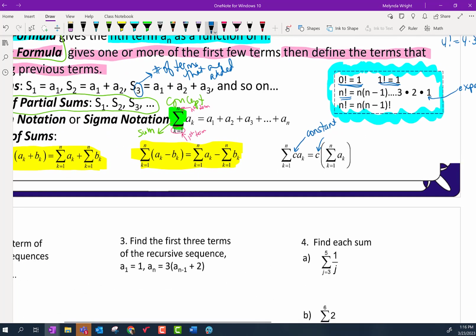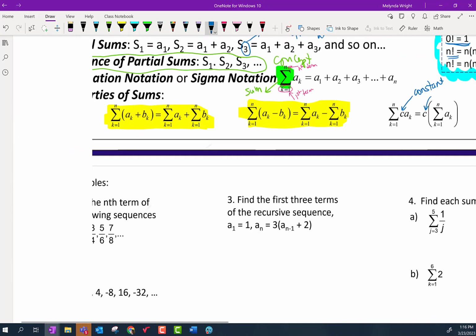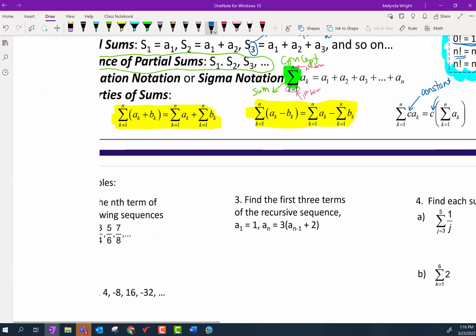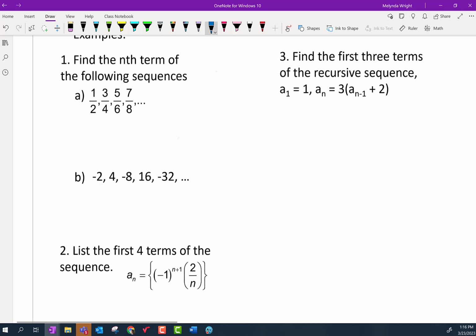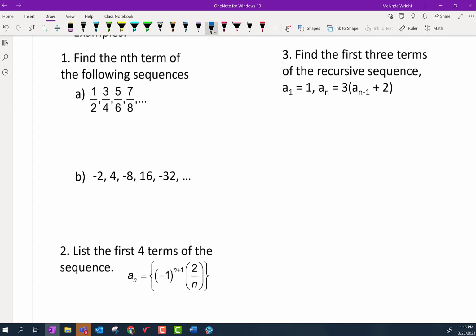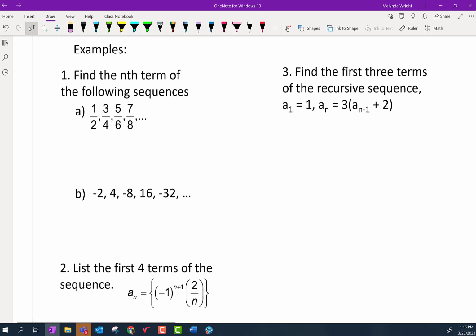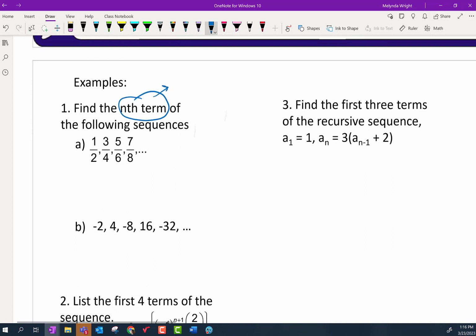All right, let's take a look at some examples then. So on number 1, it's asking for the nth term, which means find the nth term, which means that we want to generate a formula that will create that sequence.